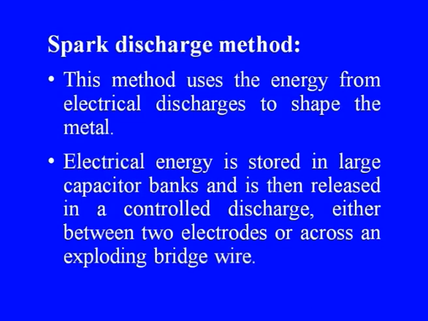Now, let us discuss another method. So, that is the spark discharge method. This method uses the energy from electrical discharges to shape the metal. The electrical energy is stored in large capacitor banks and is then released in a controlled discharge either between two electrodes or across an exploding bridge wire.